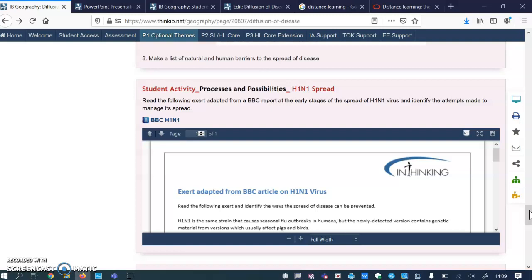For example, the mosquito requires a warm, humid climate, with lots of rain, and tropical climates. There are other natural barriers such as mountain barriers and ocean barriers, which limit the movement of people and therefore limit the spread of a disease.